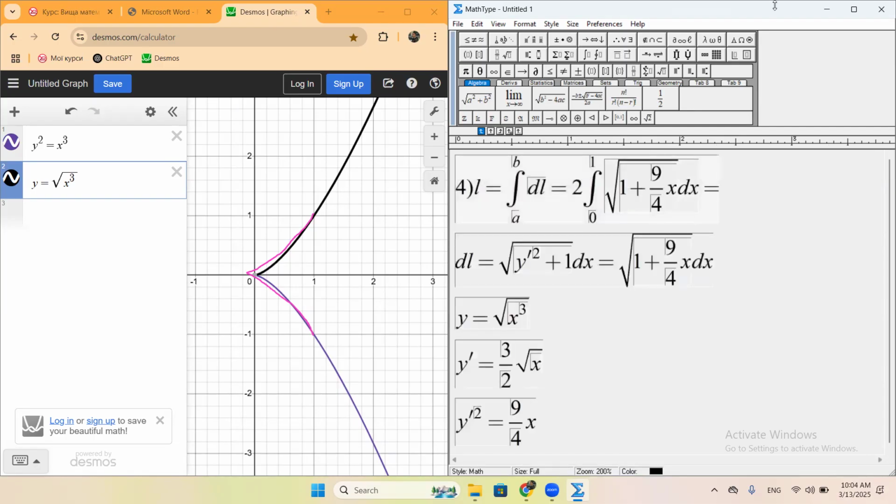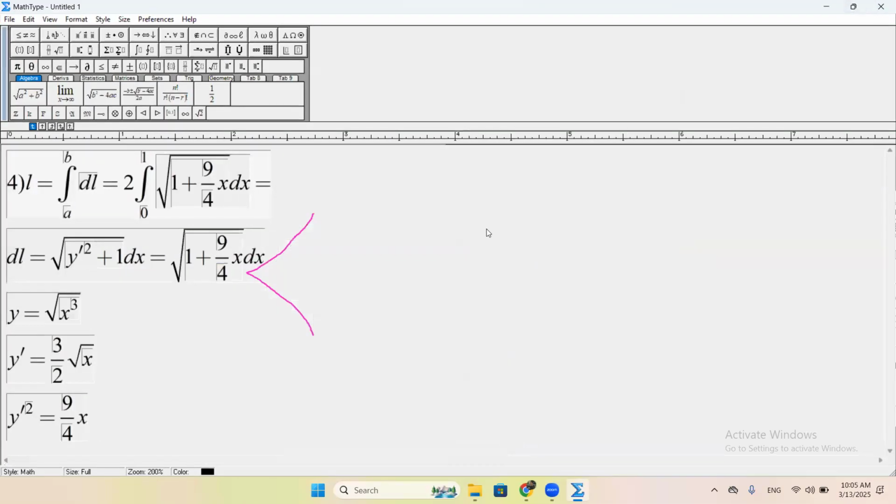And now let's integrate. So let's use the differential entry technique. So 2 multiplied by 4 over 9. And here will be the differential of this expression.